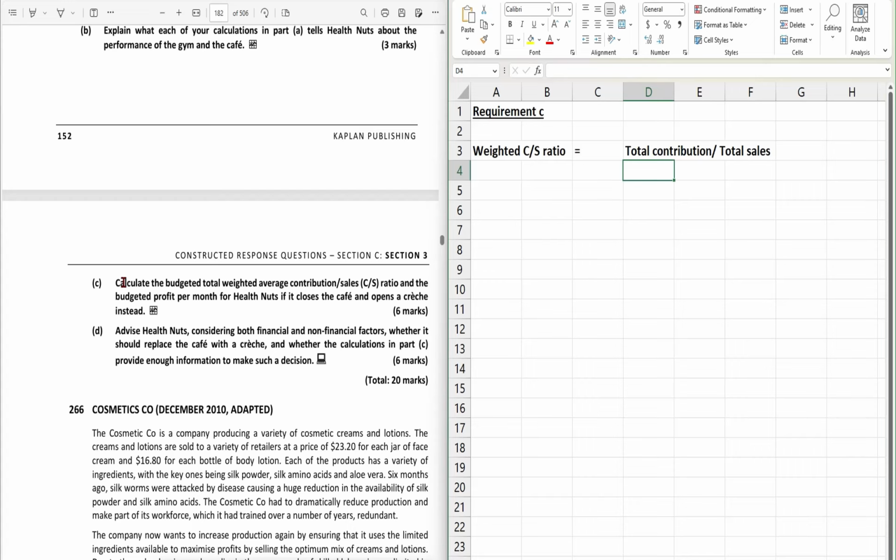The other requirement is budgeted profit. And how can we do that?